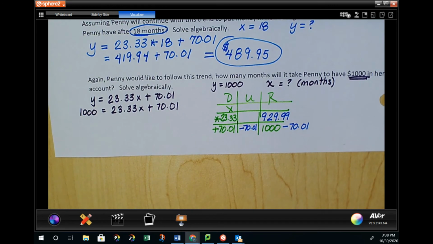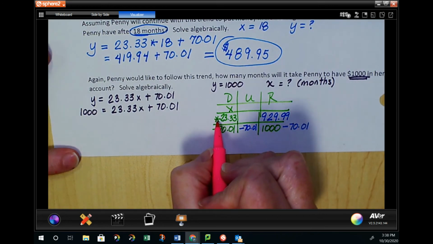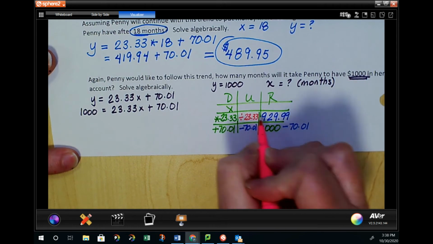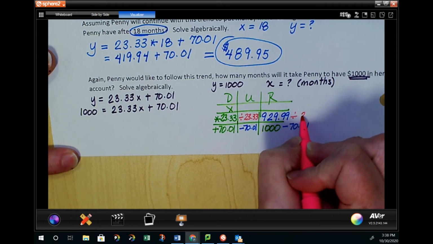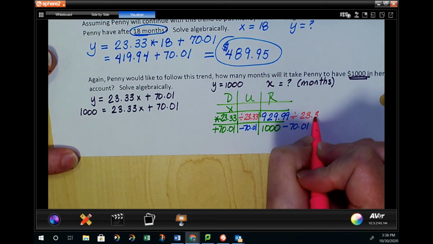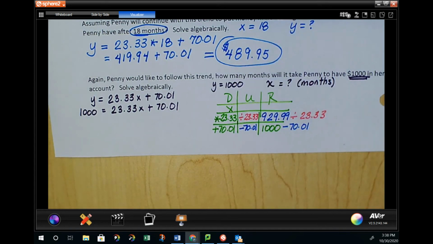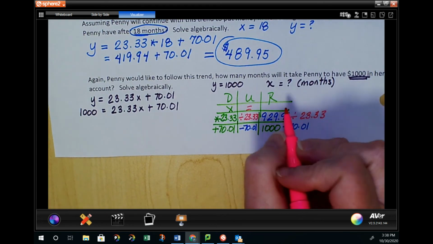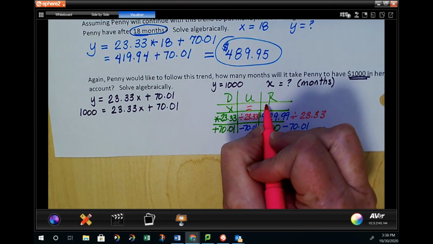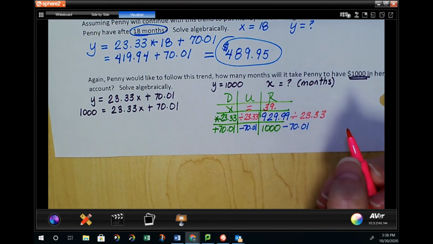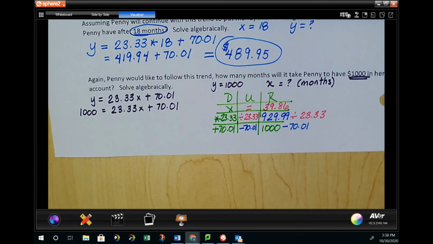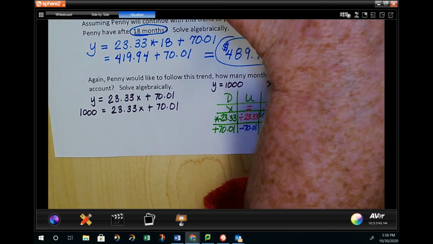The opposite of multiply is divide, so we divide by 23.33, and this time you get your answer to be 39.86. So that's using the DIR table to solve this.